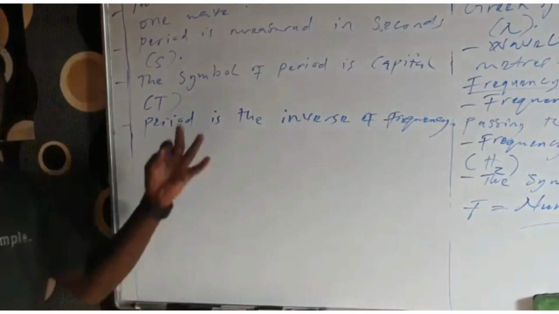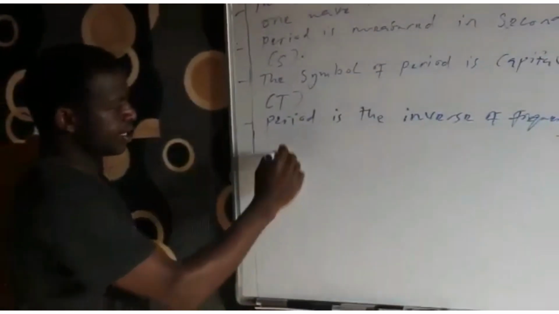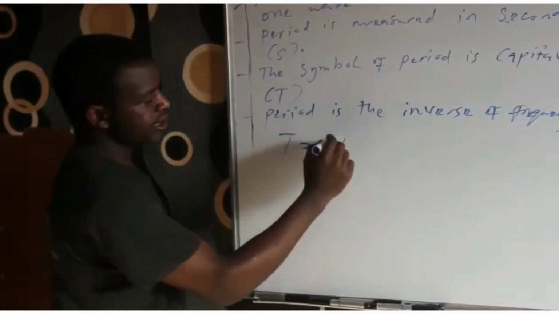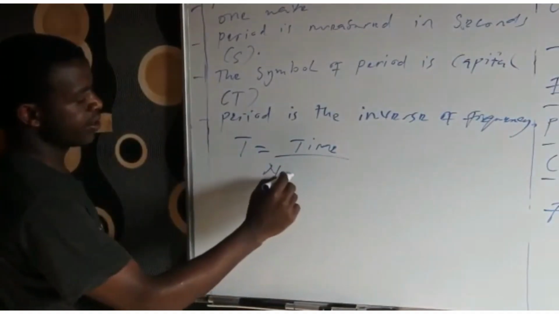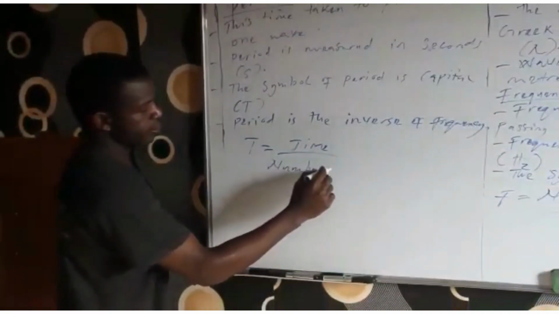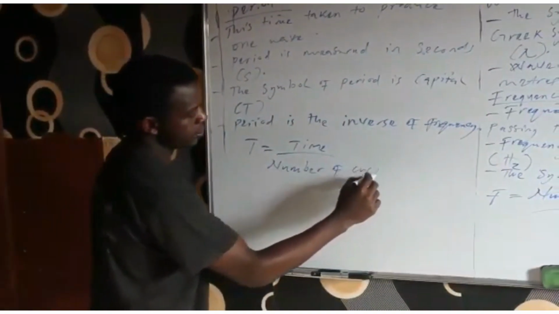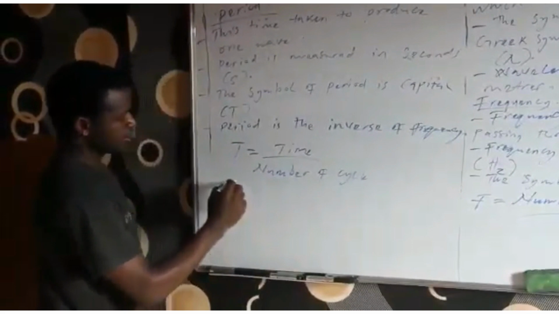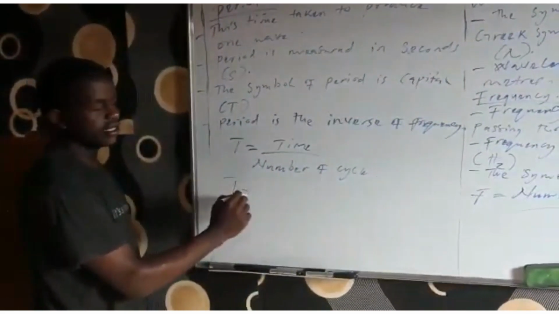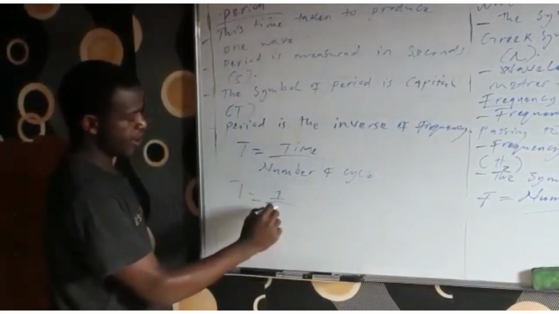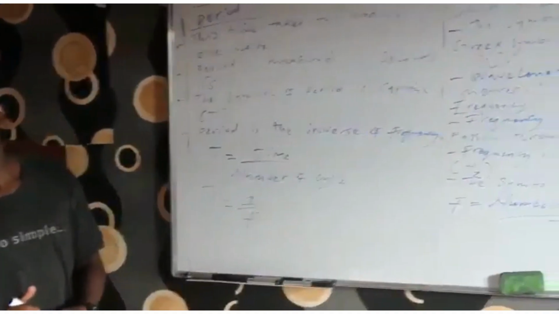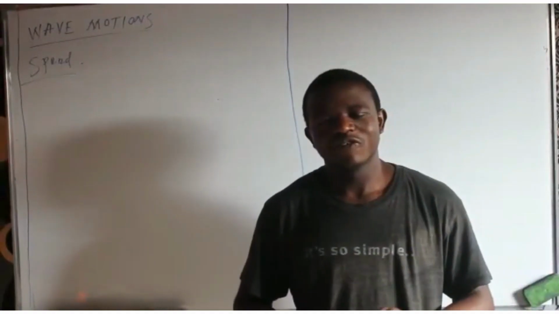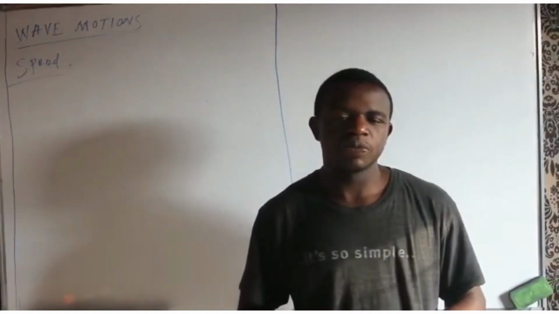So the formula that we use when calculating period, we say capital letter T is equal to time divided by number of cycles. So we can also say T is equal to 1 divided by F. Another wave characteristic that we're going to talk about is speed.